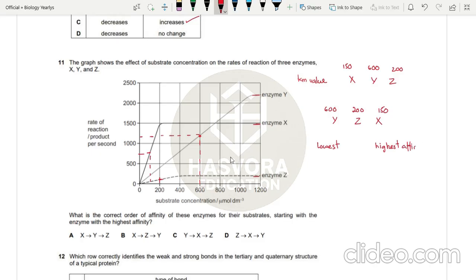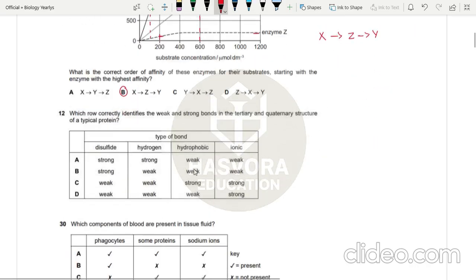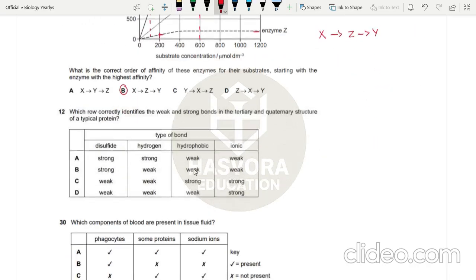Now can you arrange this in the order of affinity, starting with the highest? So it will be X, then it will be Z, then it will be Y. So B matches our answer. So B will be the answer for this question.